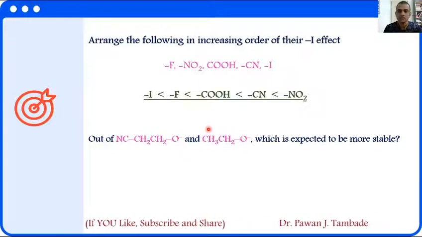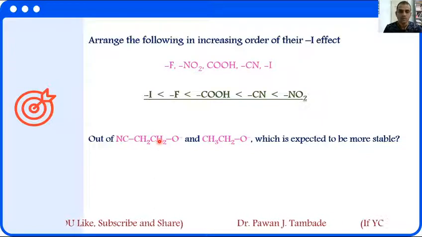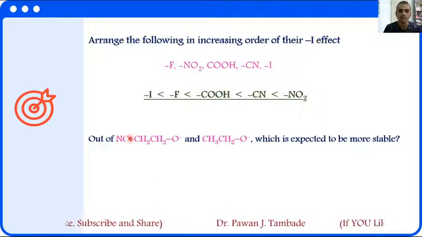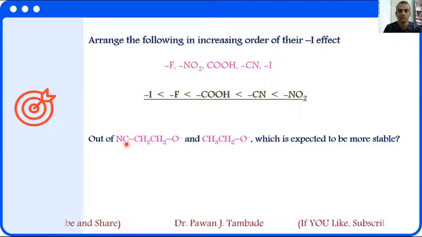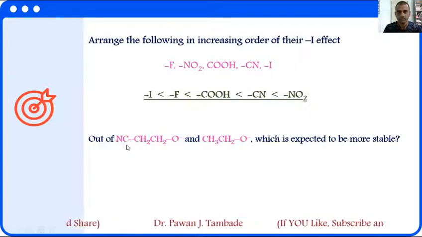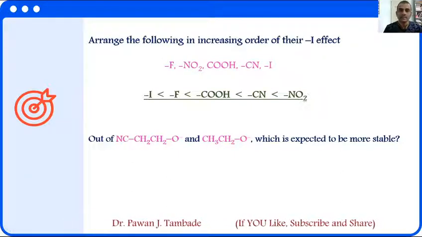So here this CH2CH3 is electron releasing, and in this case, because this carbon framework is attached to this group CN, it is electron withdrawing, and thus it will show some minus I effect. And by minus I effect, these negatively charged species are a little bit stabilized.